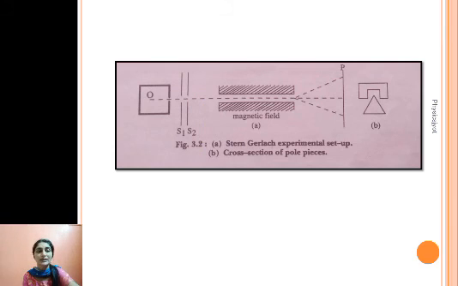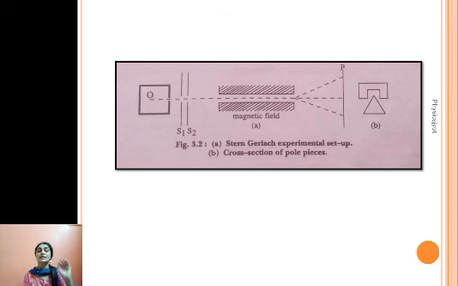Then here we use a magnetic field, and this magnetic field which we apply is inhomogeneous, or non-uniform in nature. Why we cannot apply a uniform field, or why there is a need for an inhomogeneous magnetic field, that also I will discuss.